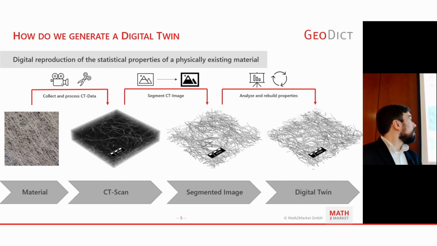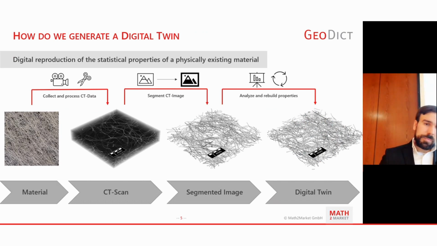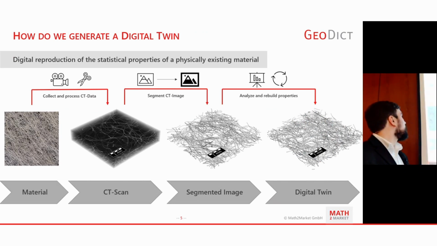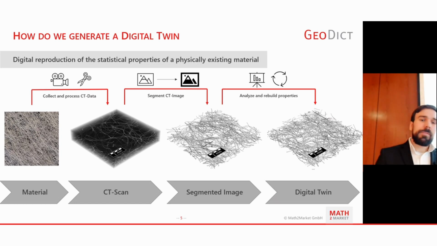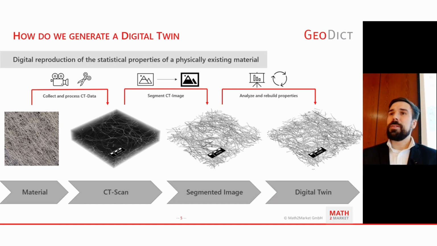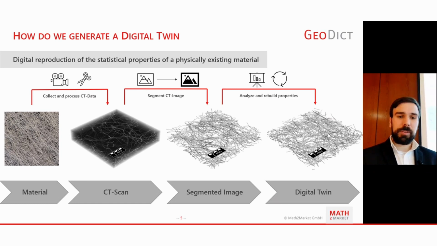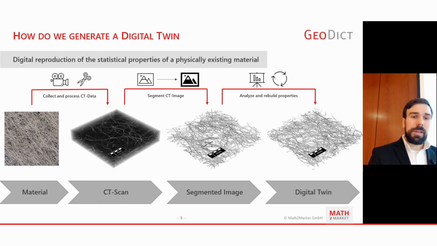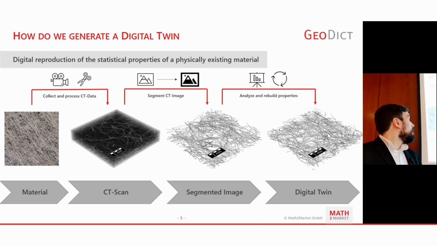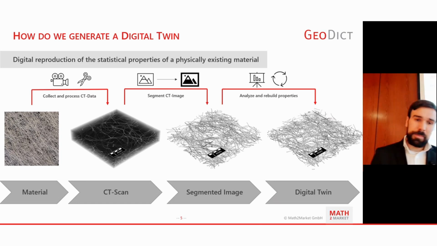So how do we create a digital twin? Well, first of all, we start with our real material over here. And then we have to take some kind of image, because if we just have the real material, it's a bit hard to estimate the geometrical properties. I mean, some we may know, maybe from the production process, but definitely not everything. So ideally, we take a CT scan.